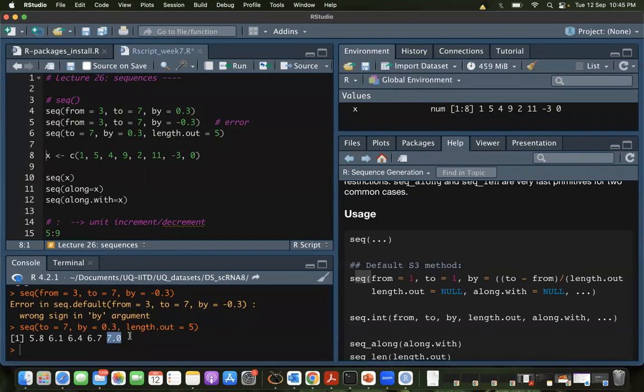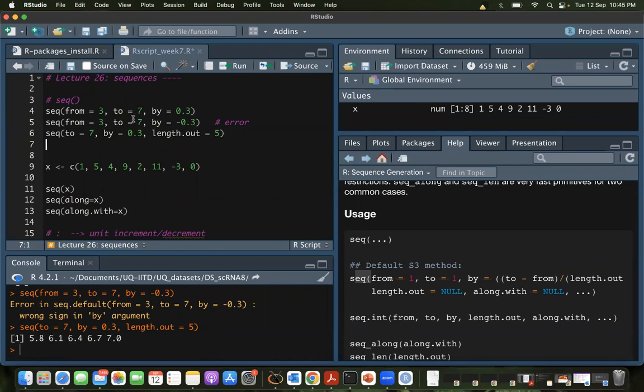That means my last element is 7, and I can go back from 7 in the opposite direction in steps of minus 0.3 and take 5 such elements. So the first element therefore becomes 5.8, 6.1, 6.4, and so on.